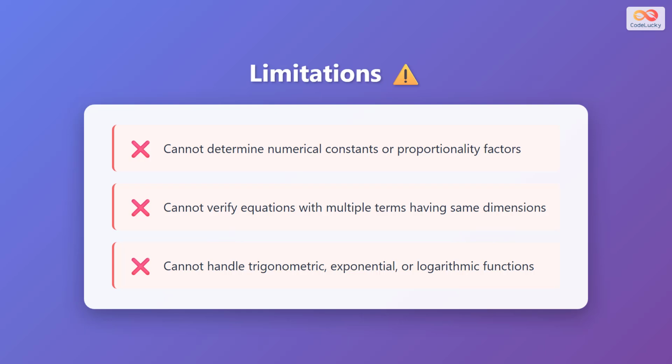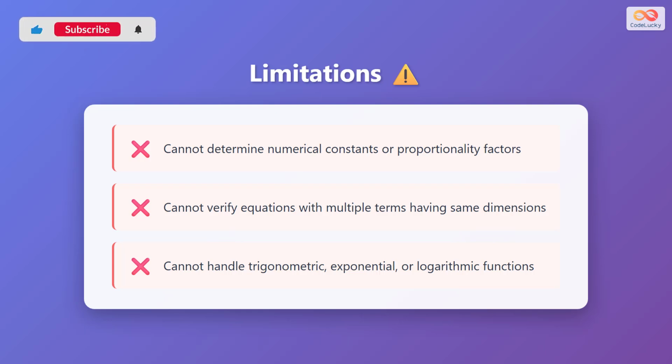While dimensional analysis is powerful, it does have important limitations that you need to understand. First, it cannot determine numerical constants or proportionality factors in equations. For example, it cannot tell you whether a formula should include a factor of 2 or pi. Second, dimensional analysis cannot verify equations when multiple terms have the same dimensions but different meanings.